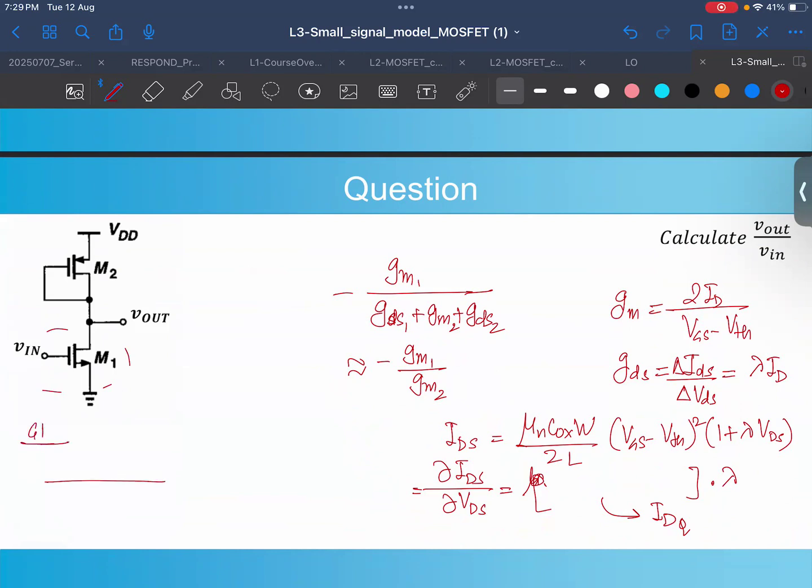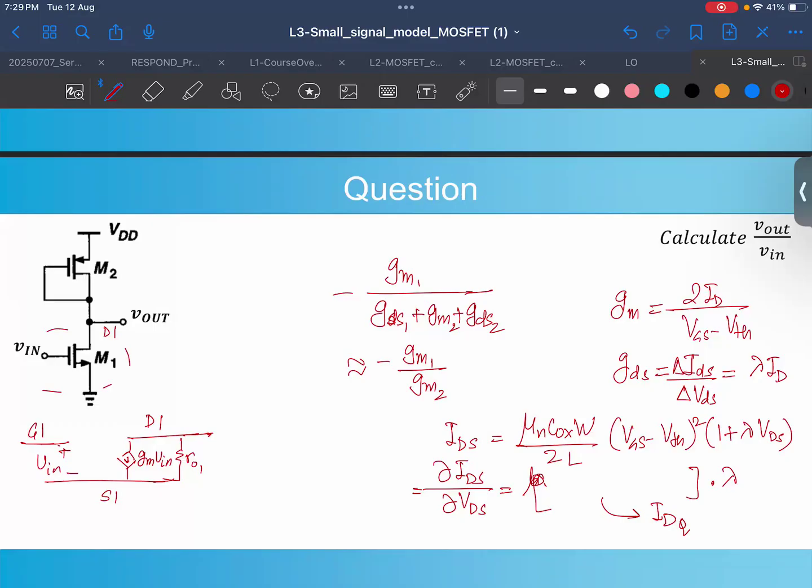So let's say this is G1, this is your S1, this is your D1, right? Here you see that you are applying a small V in, and you get the response of it: you get your gm V in, and there is an r01 connected to this node.